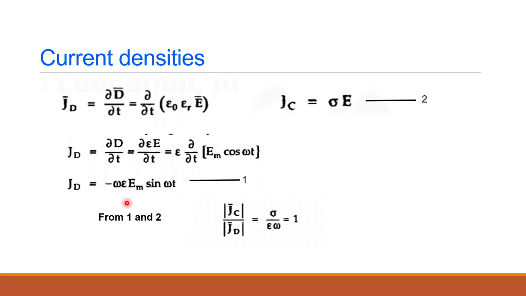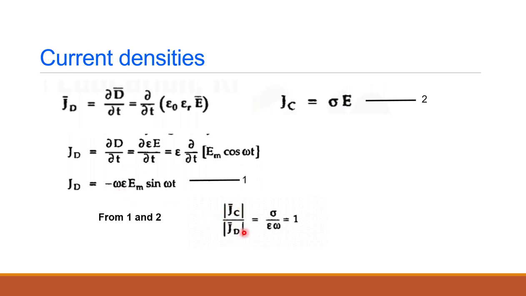Now, if we take the ratio of these equations, Jc and Jd, then what we will get? Here Em sine omega t is again E, so that will get cancelled, and hence we will remain with only sigma divided by omega into epsilon.